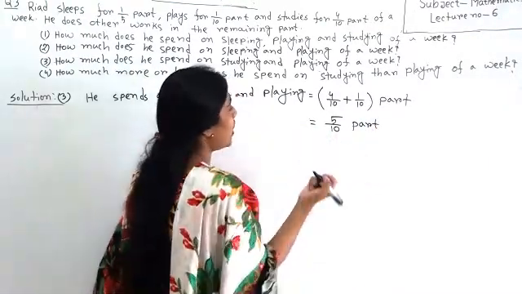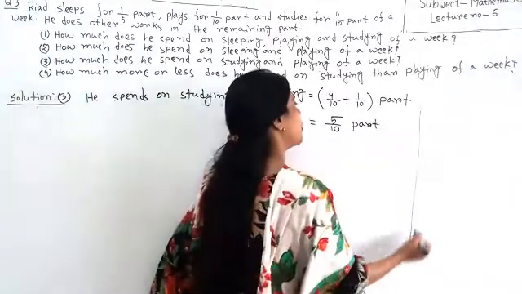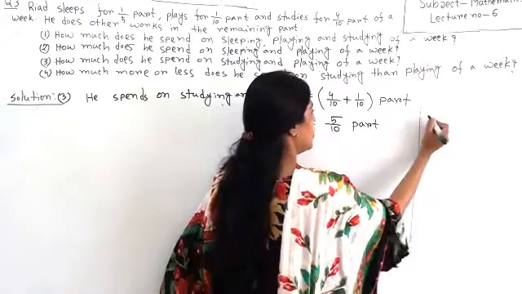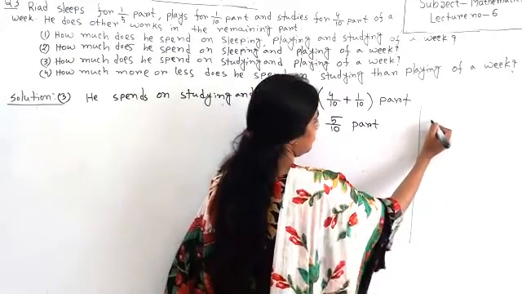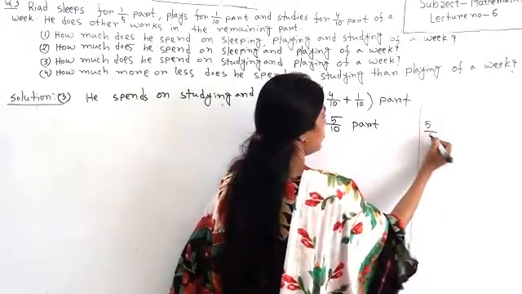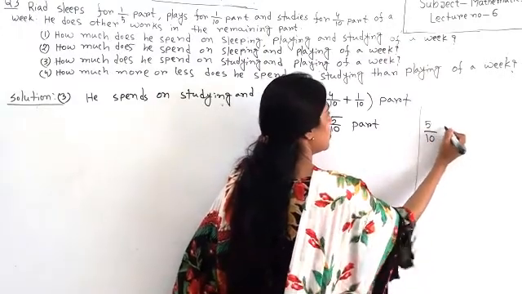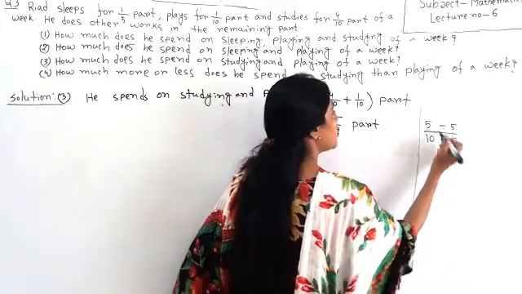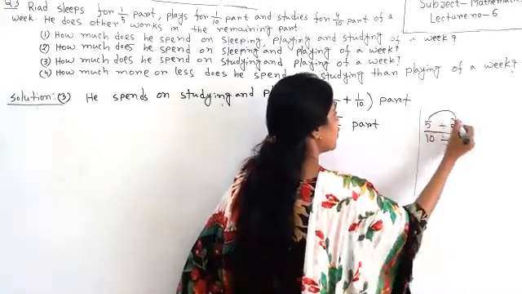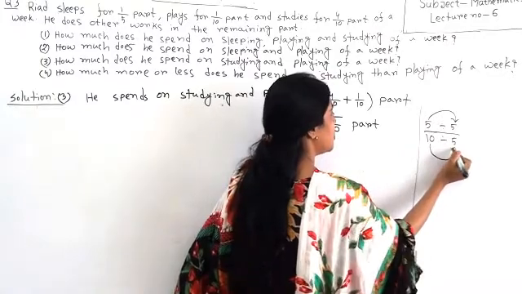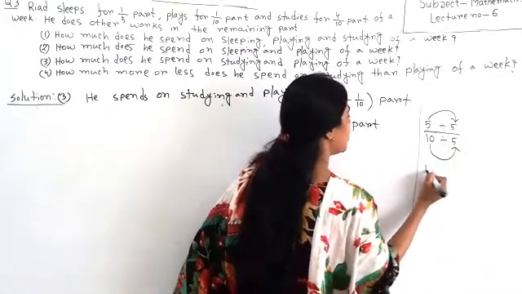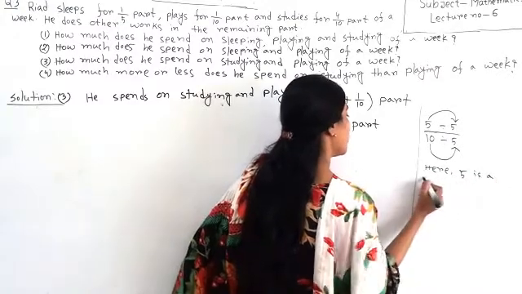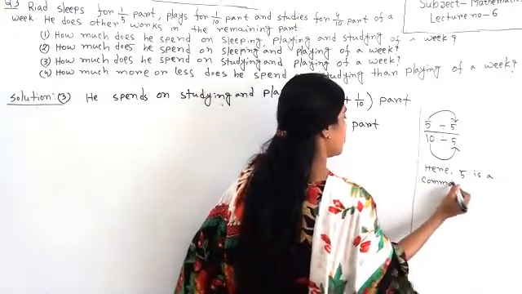Here I can apply the division method. The common factor of 5 and 10 is 5.